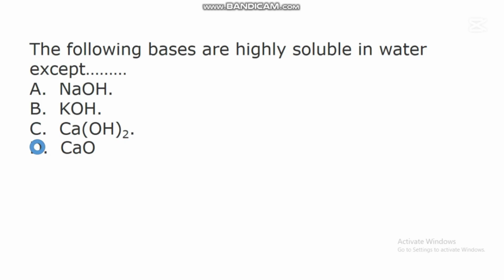There are bases that are highly soluble in water, and there are bases that are slightly soluble in water. Sodium hydroxide is highly soluble in water. Potassium hydroxide also has high solubility. Calcium hydroxide also has high solubility, but calcium oxide is slightly soluble in water. It's not highly soluble in water like other bases.